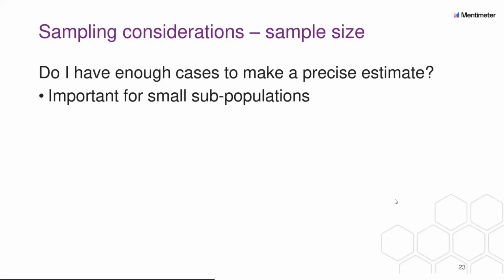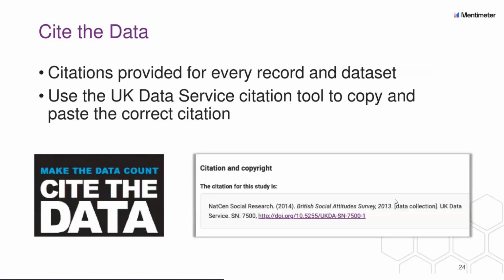So, for example, the vaccine hesitancy claims that were made near the beginning of the pandemic, when the vaccine was being put out, were based on a very small sample and didn't actually include those ethnic minorities who are eligible for vaccines at all, or in very small numbers. So the claims were quite dubious, really. In the data, there are citations provided, and you should use them when using data.